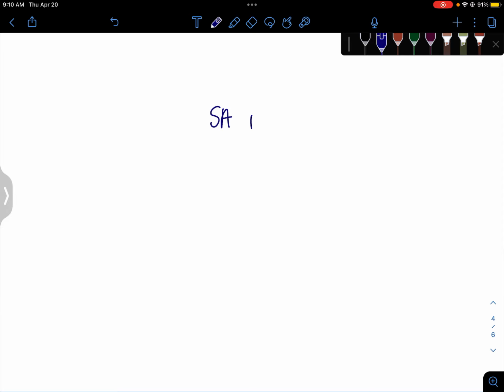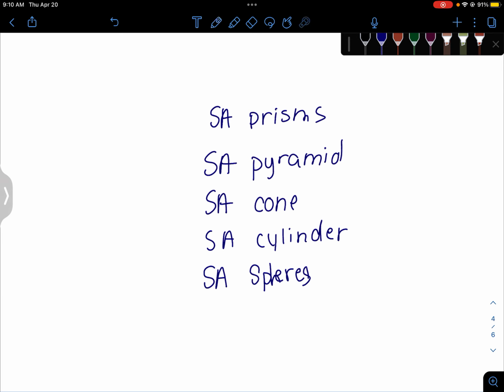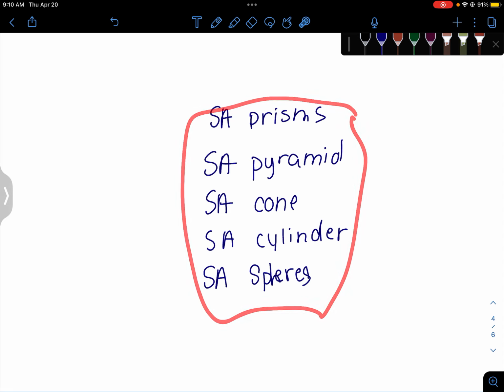You're going to have some surface area of prisms, surface area of pyramids, surface area of cones, surface area of cylinders, surface area of spheres, and you will have a couple of lateral area problems. And so that will be your test.